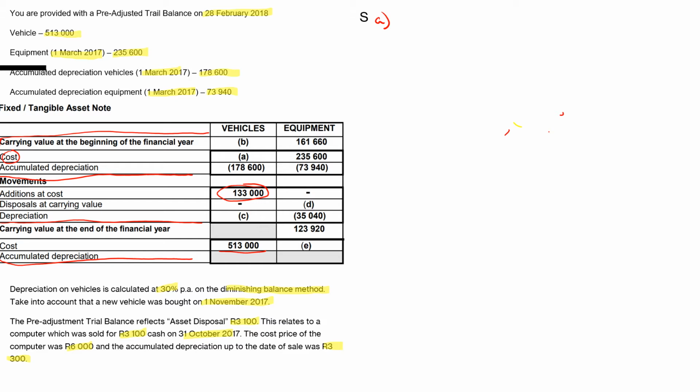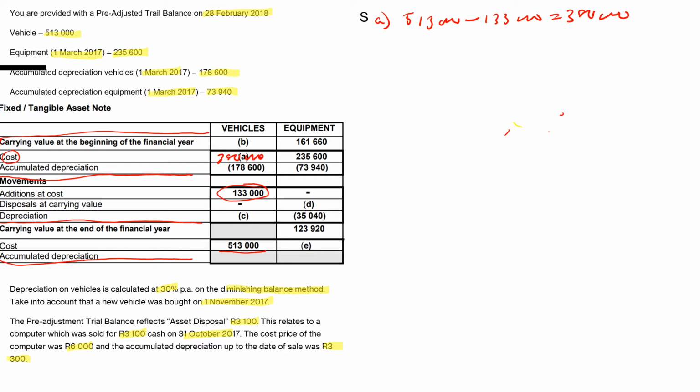So A will be equal to the closing balance minus additions: 513,000 minus 133,000, which will be 318,000.